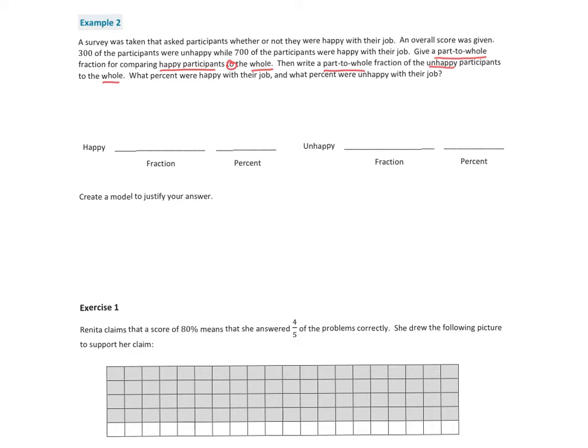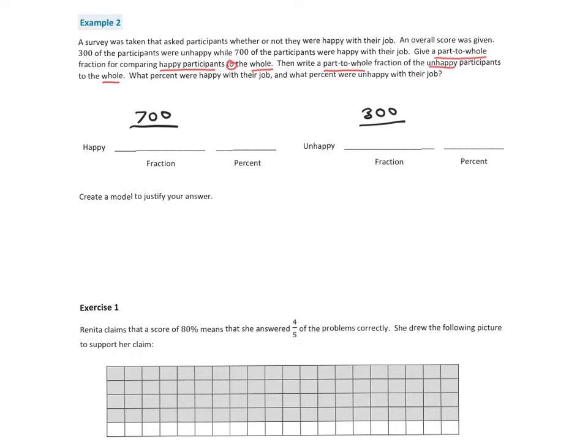So let's start with the first one. It said that an overall score was given. 300 of the participants were unhappy, so we're going to put those here for unhappy. And then 700 were happy, so we're going to do 700 here. If we're looking at the whole, how many of them were all together?